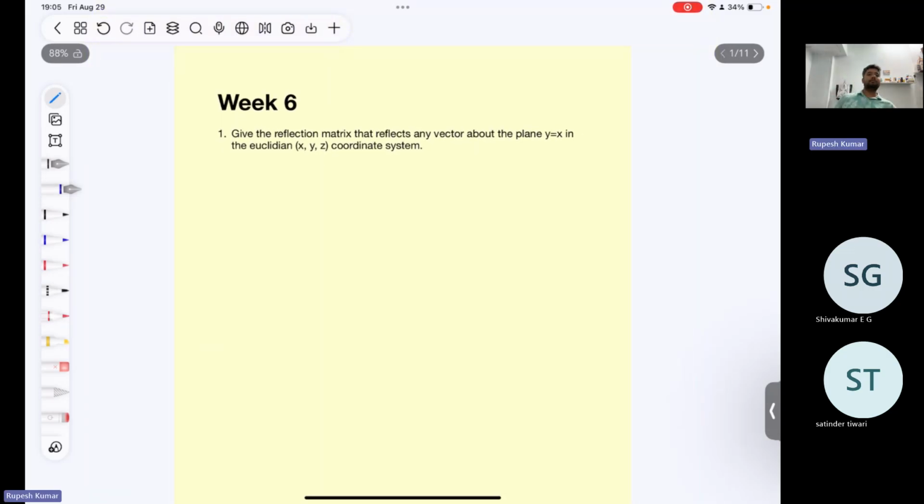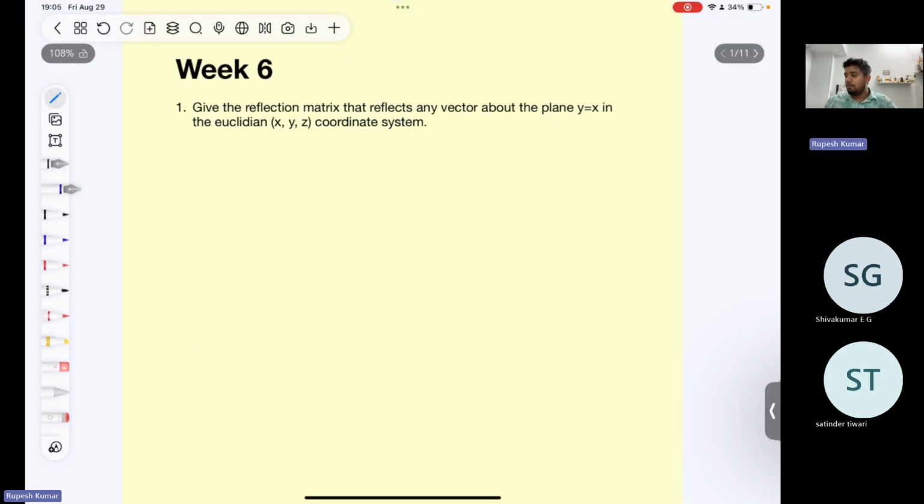Let's start with the first problem for today's session. Give the reflection matrix that reflects any vector about the plane y equals x in the Euclidean xyz coordinate system. So let's build up this plane first.